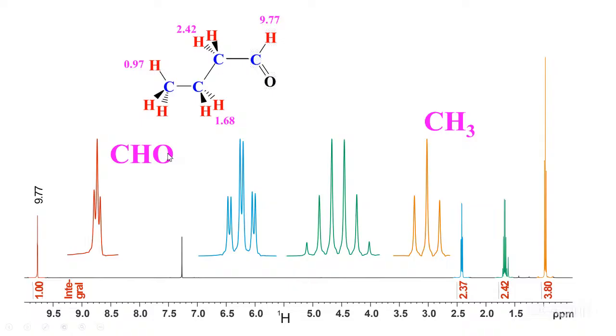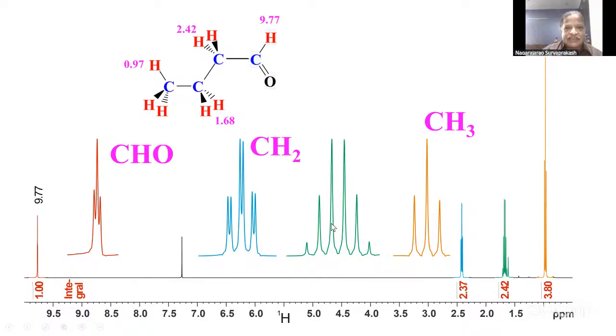Yes, sir. Now what are the remaining two peaks I have to assign? What I'm going to do is I will say this is CH2. Why is it CH2? And also which CH2? That is another thing which we have to see. I would say this is this CH2. Why? Because this is coupled to these two protons and becomes a triplet like this.